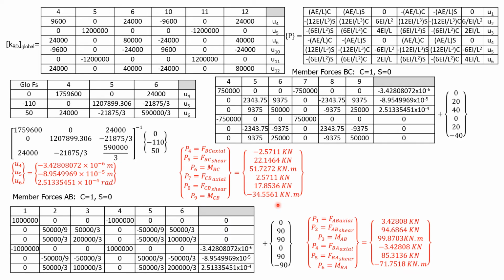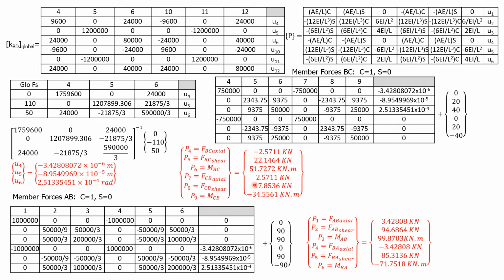So this is 3 by 3, but if there are more than 3 by 3, then you will find the matrix solution very lengthy and tedious, that it is not recommended for manual solution.